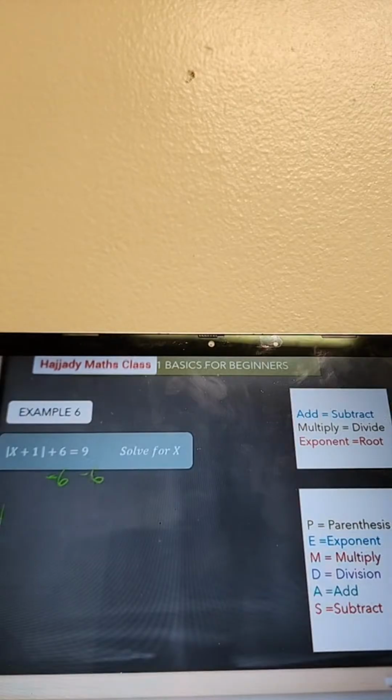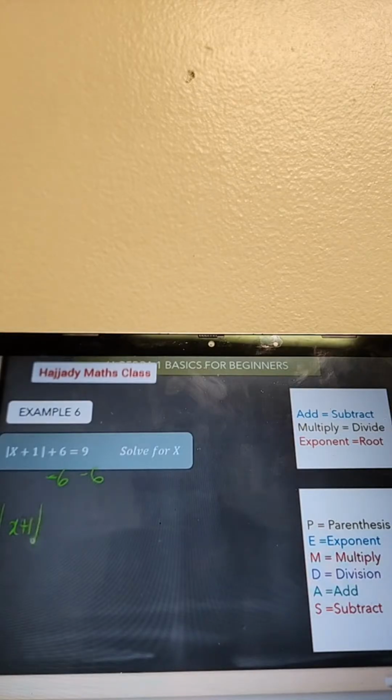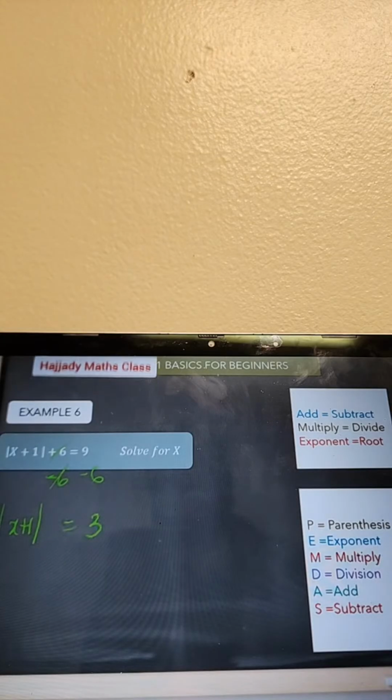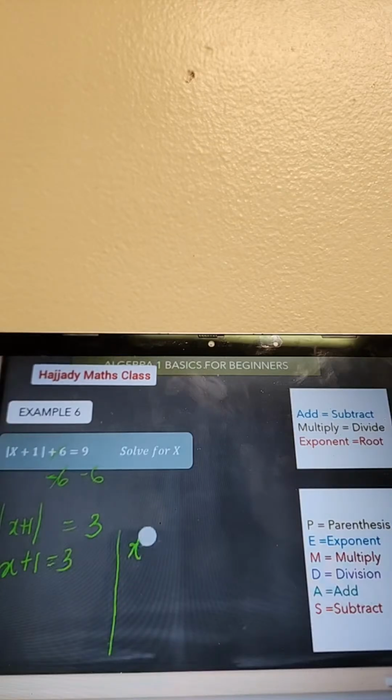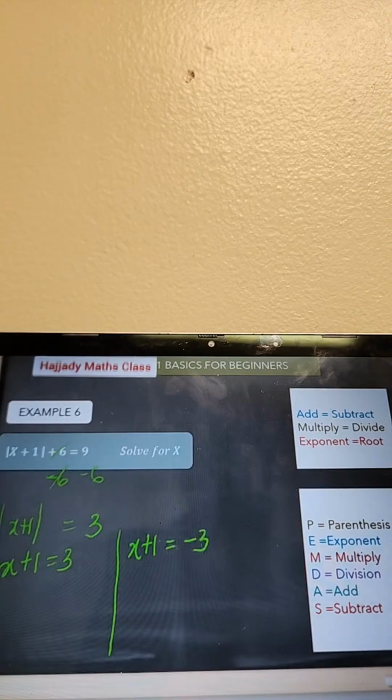And here we have x plus 1 in absolute value plus 6, -6 cancel out. 9 minus 6 gives 3. Then you can apply the rule of absolute value, which says that here we have x plus 1 equals to 3, which is the positive side, or we have x plus 1 equals to -3.